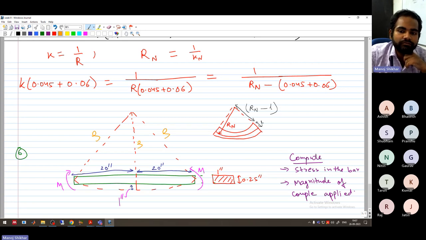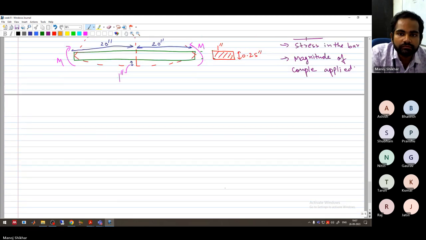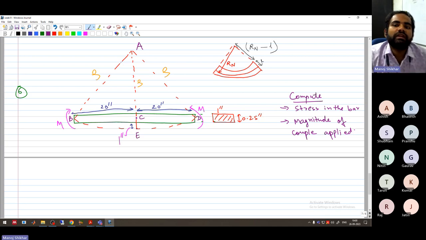Now, if you go from geometry, suppose I will give names to these points so that I can easily refer: this point is C, this is D, this is E. So the length of AC will be rho minus 1.